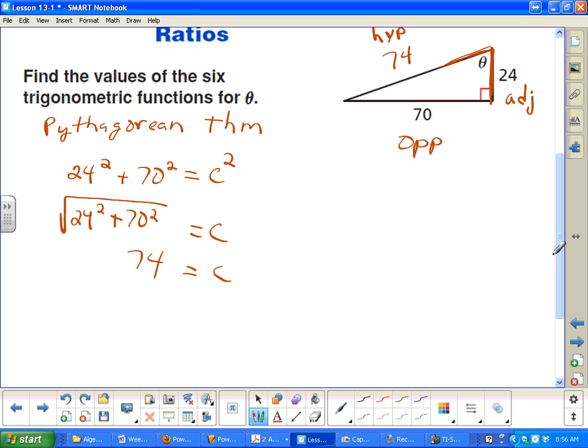Okay. So when I'm going to find these 6 trig functions, I'm going to write down sine of theta equals, cosine of theta equals, tangent of theta equals. Find them, and then I'll do the reciprocals. Cosecant is the reciprocal of sine, so I'm going to put it across from it.